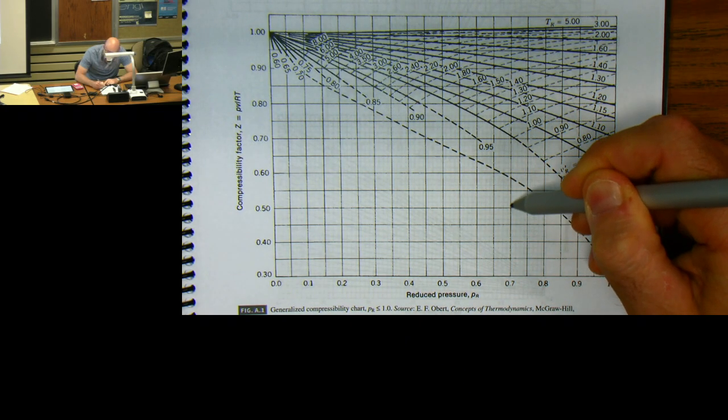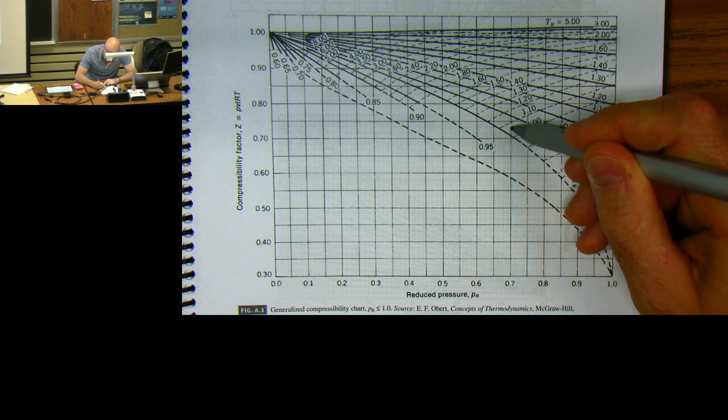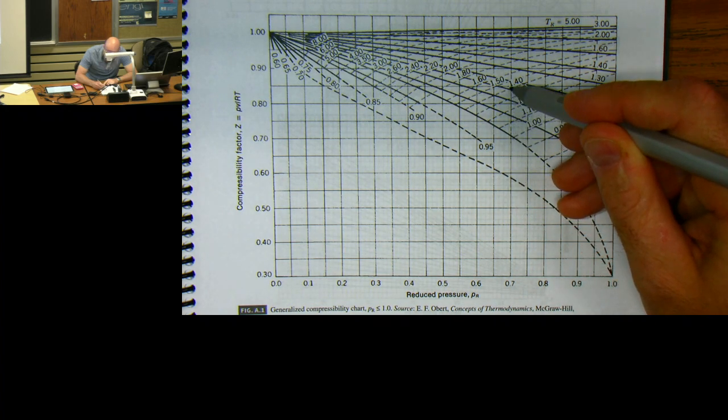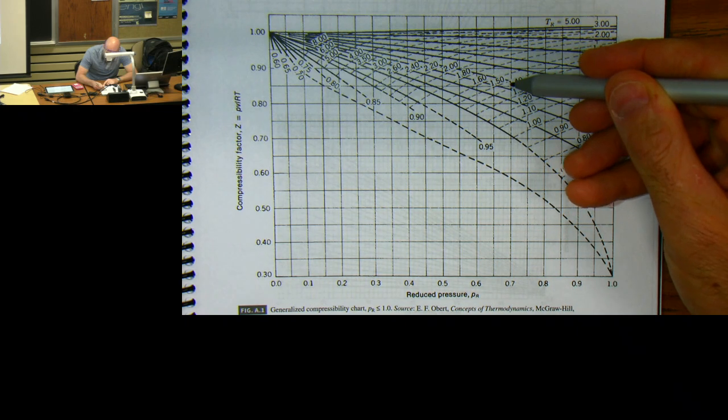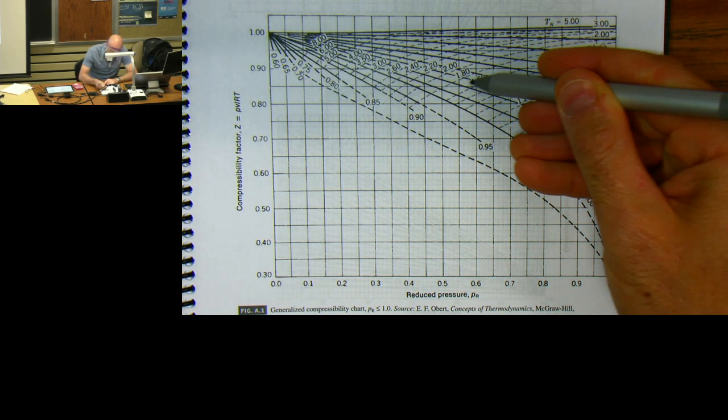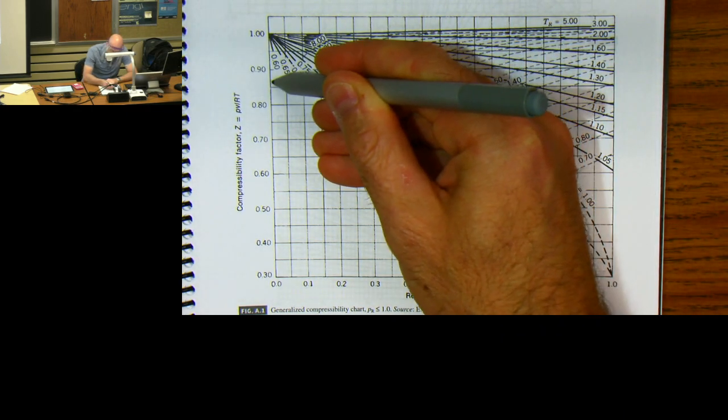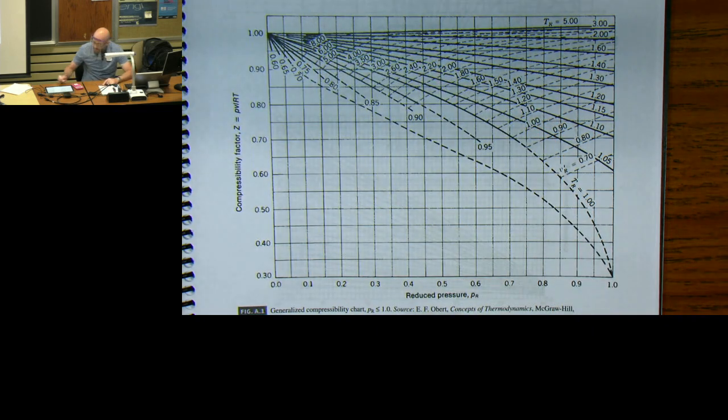So if I do that and I go up here, I see that I'm maybe about right there. So I'm slightly above the 0.85 line. So I'm going to say my z value is 0.86. But you might say at home, that's 0.85.